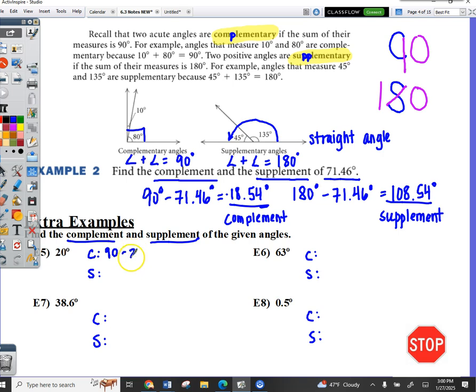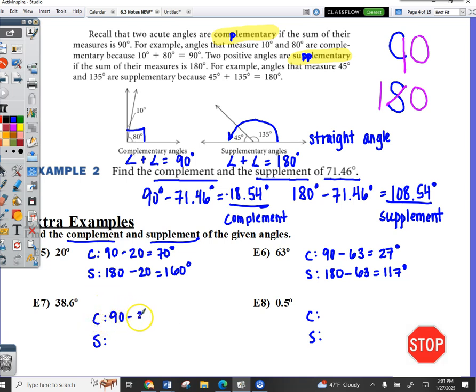70. Nice. The complement of 20 is 70 degrees. What's the supplement? 160. Yes. What's the complement of 63? And then what's the supplement? Ethan, what'd you get? 117. Nice. All right.